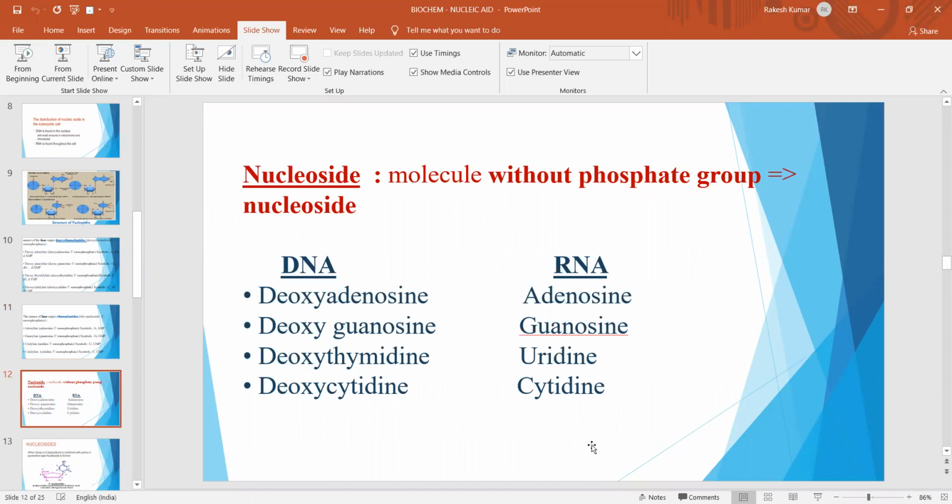Till now, we have discussed nucleotides. But what is a nucleoside? It is a molecule without phosphate group. That is, nucleosides are molecules containing exclusively sugar and nitrogenous base. Under DNA, nucleosides include deoxyadenosine, deoxyguanosine, deoxythymidine, and deoxycytidine, whereas nucleosides of RNA include adenosine, guanosine, uridine, and cytidine.